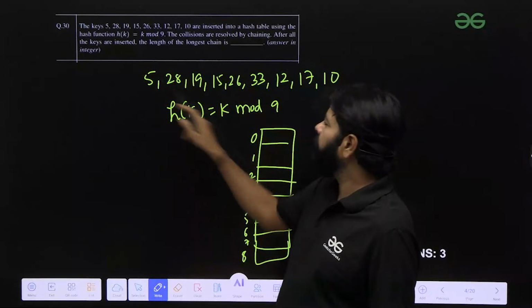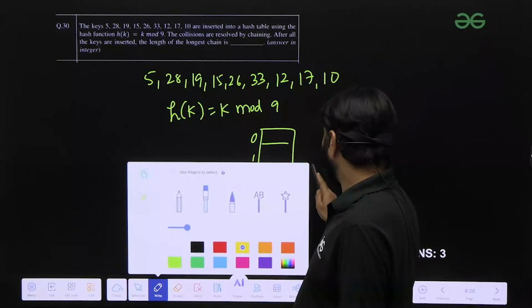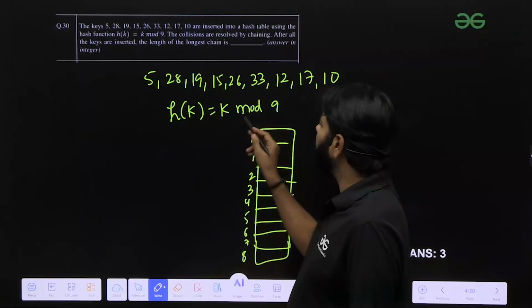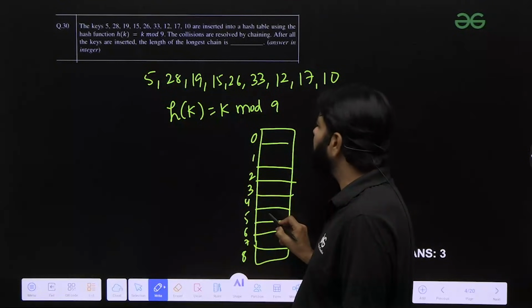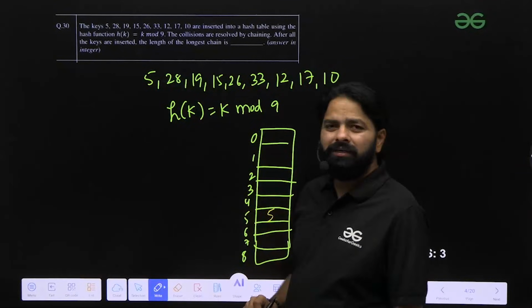Now 5 mod 9 is 5 only, so we insert it at index 5. And 28 mod 9 is 8.